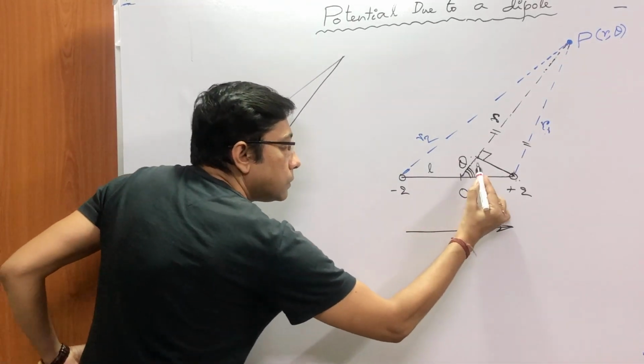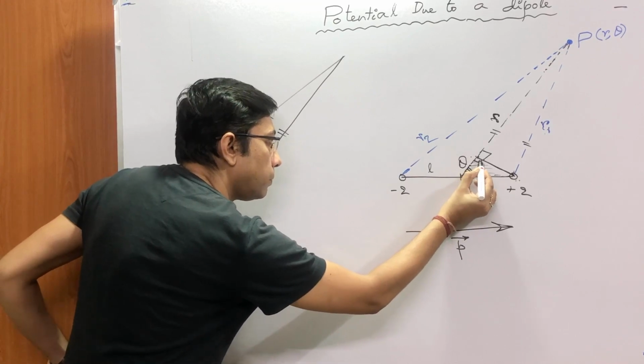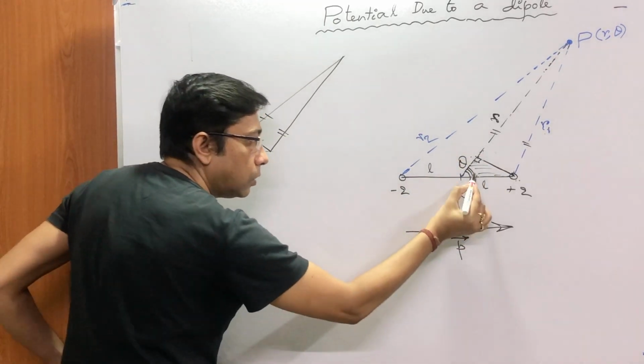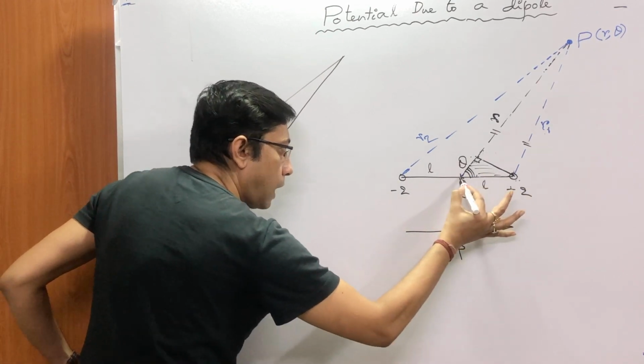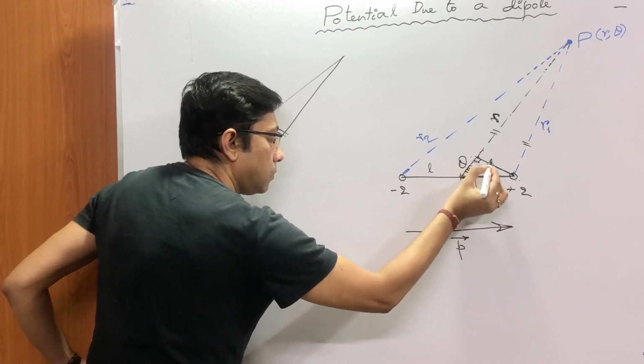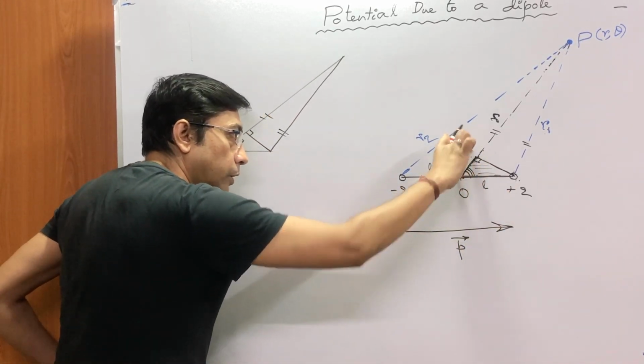Now very easy. Say this triangle. Can we say that this is also perpendicular? This is also perpendicular. So this is theta. This hypotenuse is L. So this part will be how much? We are interested in this part only.